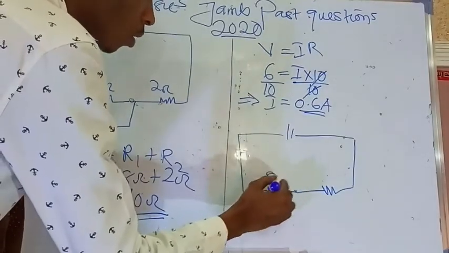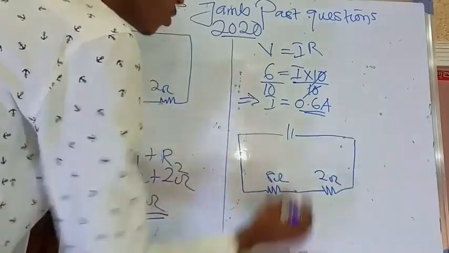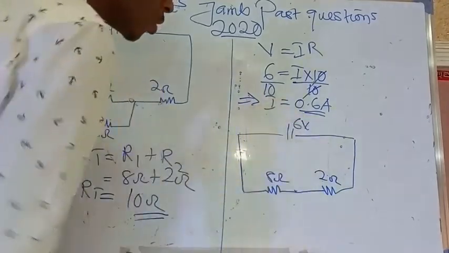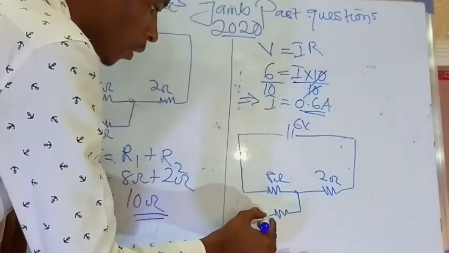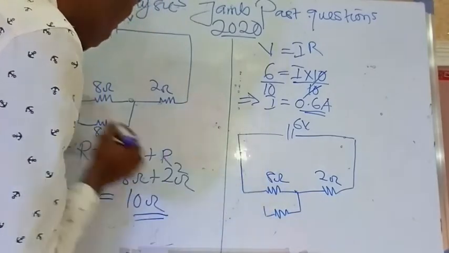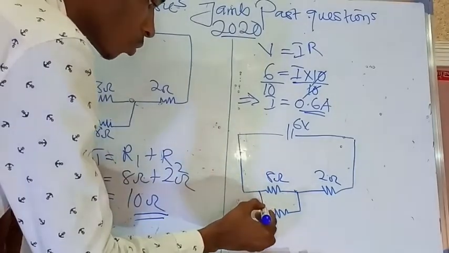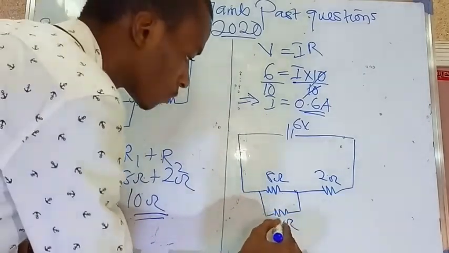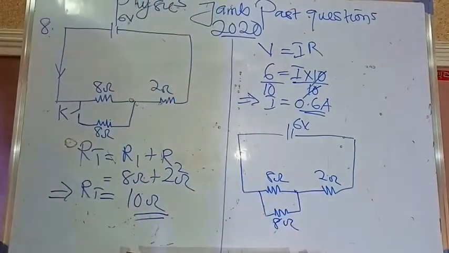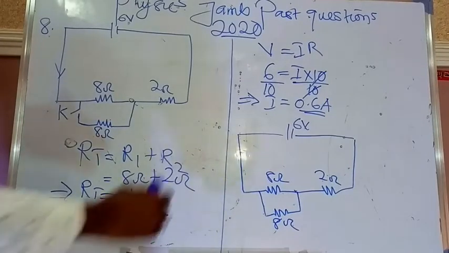So this 8 ohm, these 2 ohms, this is the 6 volt source. Now the key is closed, so you form it like this. Here is another 8 ohm.